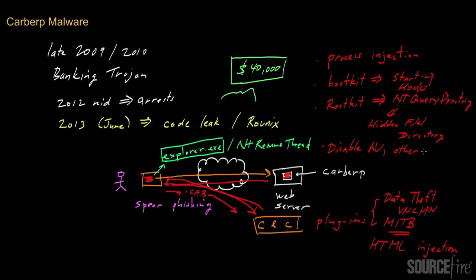And the reason for that is that usually when an attacker is able to infiltrate a box and get control over it, the last thing they want is for some other piece of malware to also get control over that box and for some other attacker to gain control over that same system. So interestingly enough, Carberp will remove some other malware that it sees while it's disabling antivirus software. So I think that's kind of a unique and an interesting capability. It's not that unique. We do see other malware instances perform these types of self-protection capabilities.